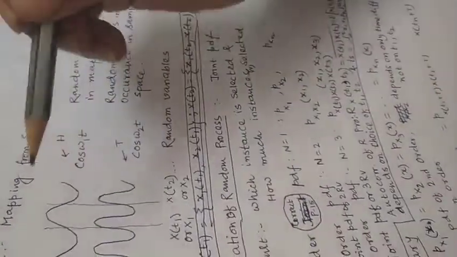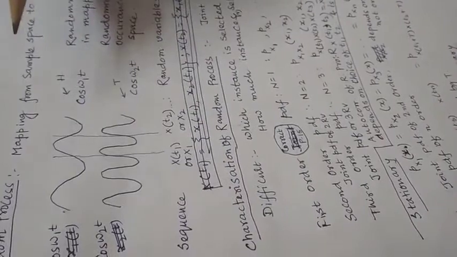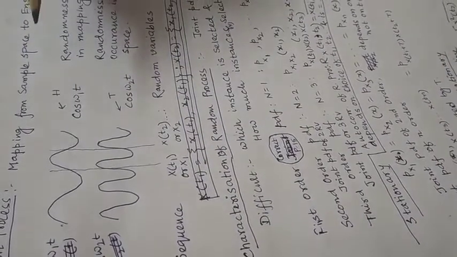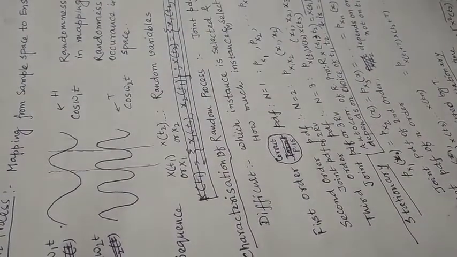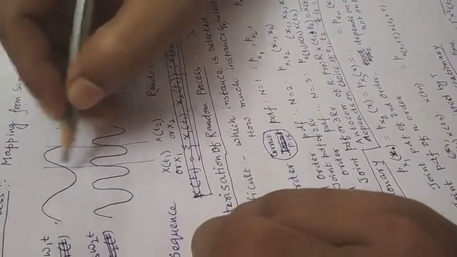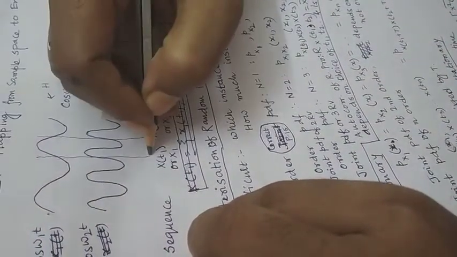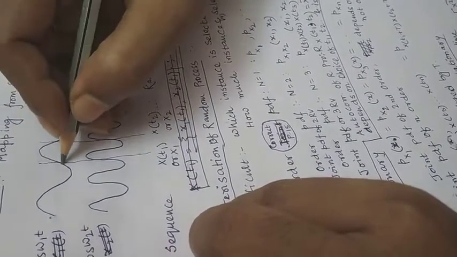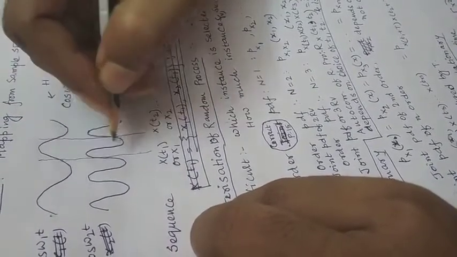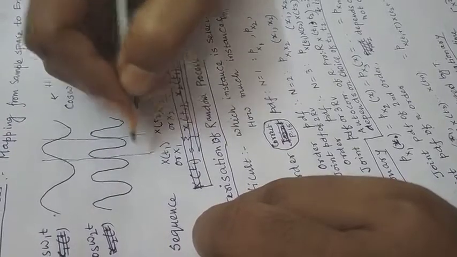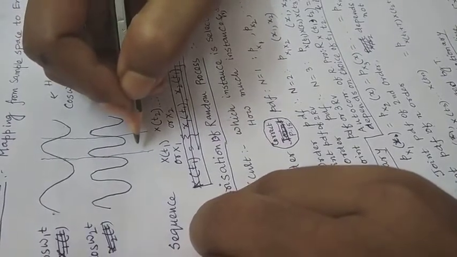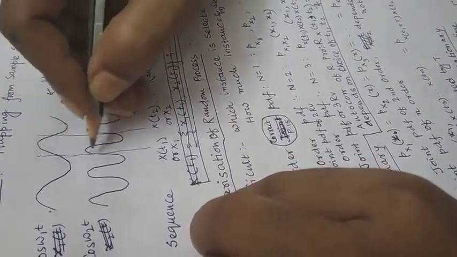A random process can be defined in two ways: by showing the waveforms, and also as a sequence of random variables. How? Suppose you have four or five waveforms. You consider a time t1, and the values at that time from each waveform form a random variable.